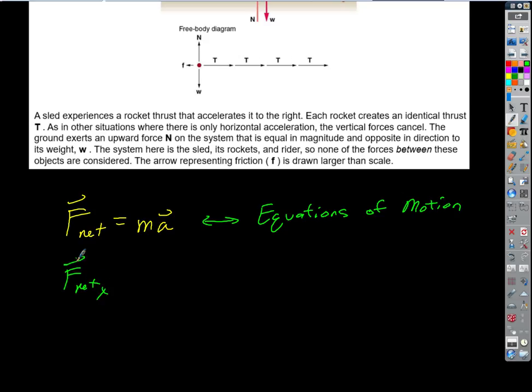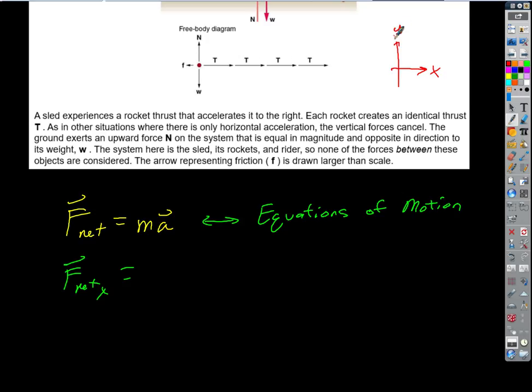the x component of the net force, which is what in our free body diagram? Now we're assuming here that this is the positive x direction, and that's the positive y direction, right?